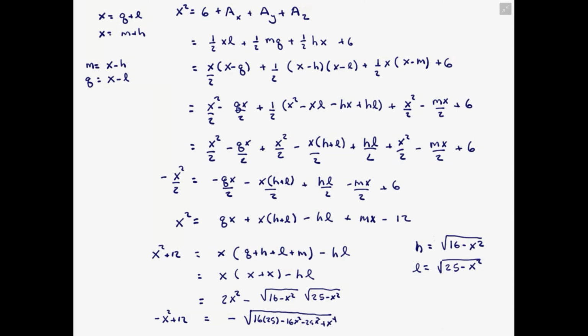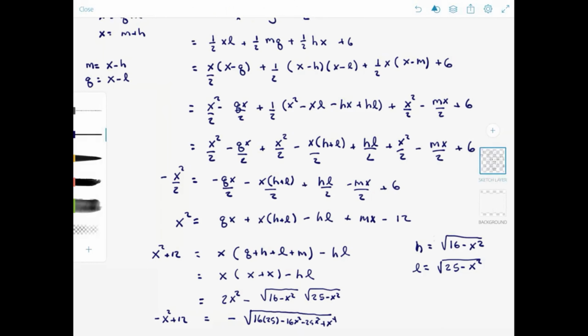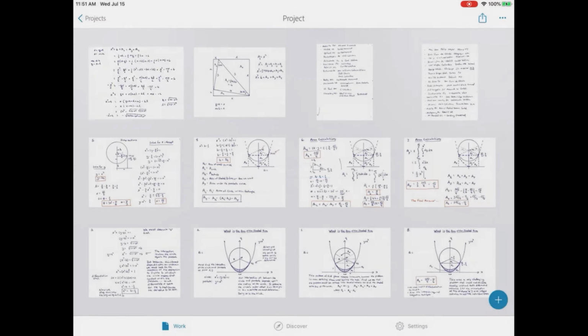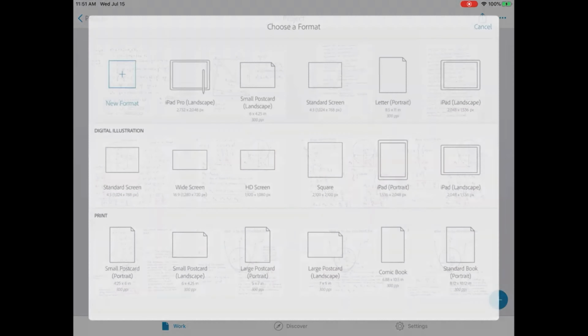Okay, and now we need another sheet. Now we have everything in terms of x. Okay, that was my error.